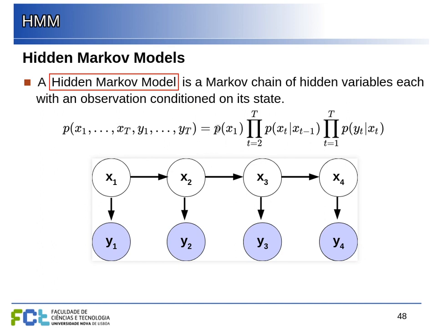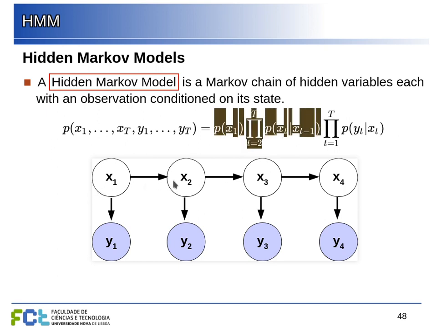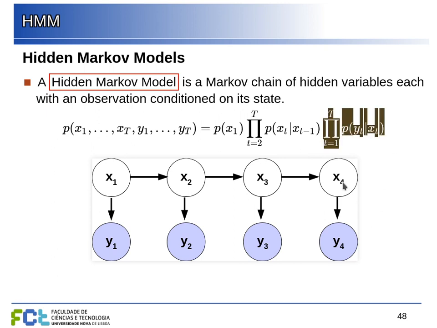This is computed by the probability of the first state when we start the Markov process, and then the probabilities of the states changing along the Markov process. This is the same that we saw before, because it's just this process here in the hidden states. But then we also have the emission probabilities depending on each particular state. So the probability of emitting a symbol at time t depends on what the state was at time t.